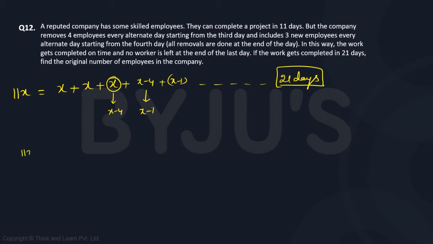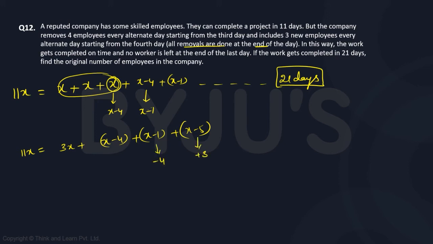So this 11x should be equal to, please keep in mind here, removals are done at the end of the day, and the additions also I'm taking at the end of the day. So this should be equal to 3x, if you take that up. Now the remaining will form a pattern: x minus 4, x minus 1, then x minus 5, because 4 will be removed on this day, and here plus 3 will be added, so this is x minus 2, and so on.